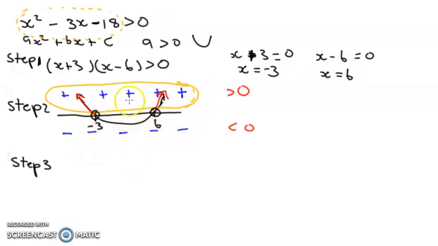Now that we have these values, you have to listen to me carefully on this one because many people don't get it. We already know the region that we are interested in on this graph. It's this one here and this one here. Now, how do we write the answer? If you look at this graph here, you will find that it's going upwards to infinity.